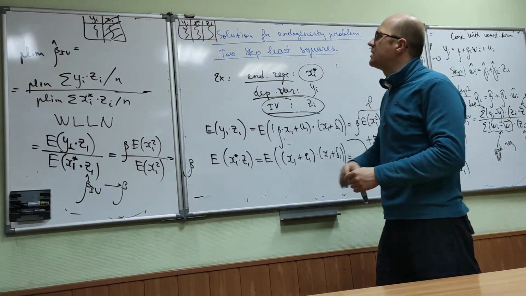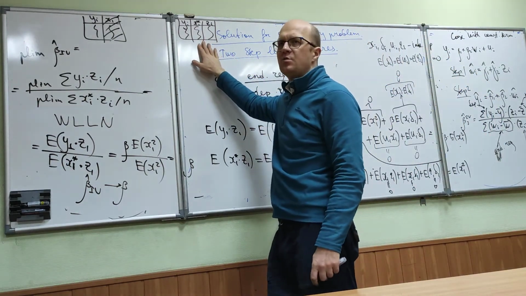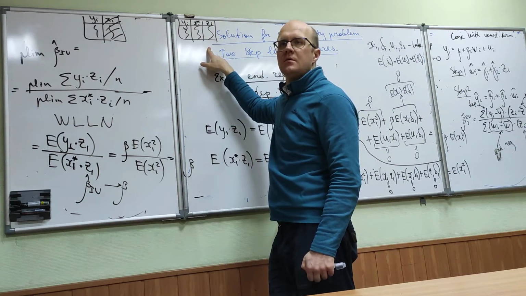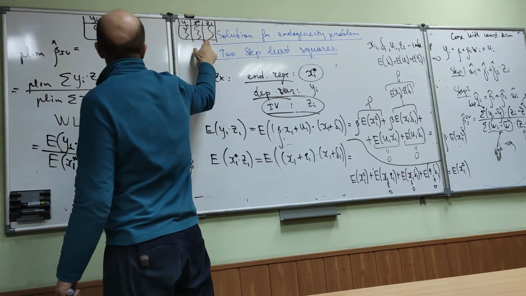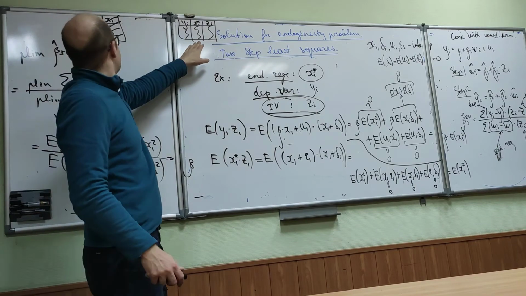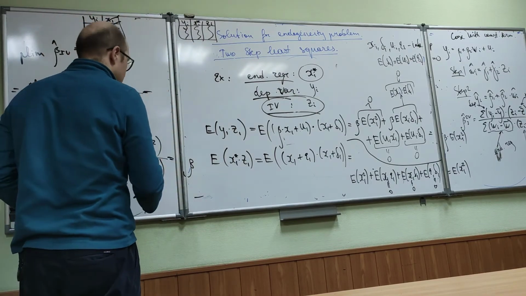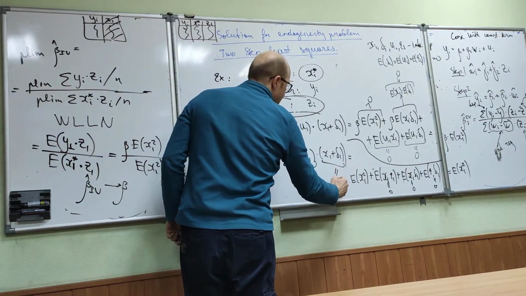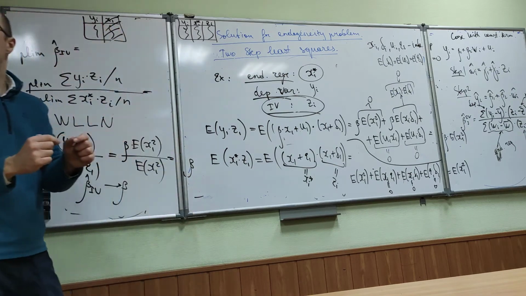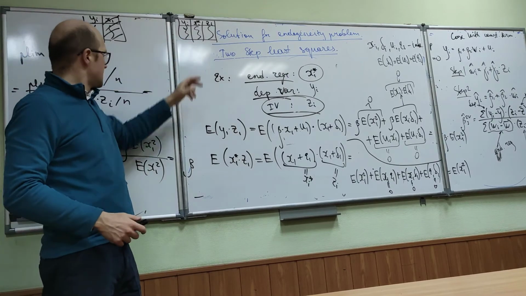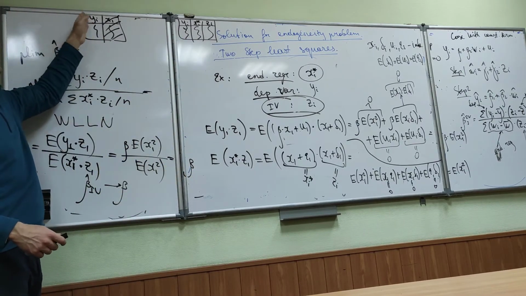So we collect some information that is somehow related to x: we collect x star, we collect z. X star is not x, z is not x. X star is a noisy version of x, and z is a noisy version of x. Using two noisy versions of x, we obtain a consistent estimator in the regression of y on x.